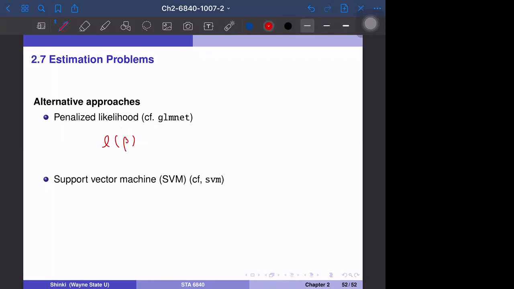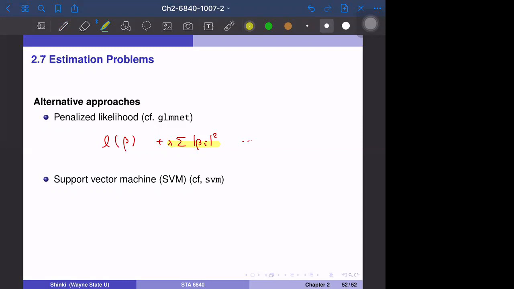But the penalized likelihood adds something else, typically the summation of beta i absolute value squared, maybe with some parameter lambda here. This is called the penalized likelihood. Basically, we penalize the size of beta, so then we have a finite solution for beta.